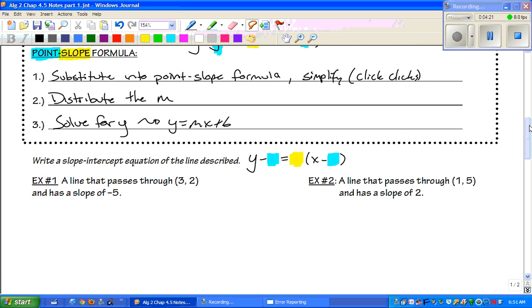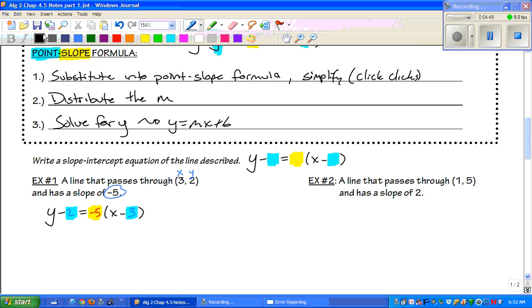So, example number 1. There's my formula. I have it written down. Let's label what the x is and what the y is, and then there's our slope. So that's where my slope goes. The y goes with the other y, and then the x goes with the x.